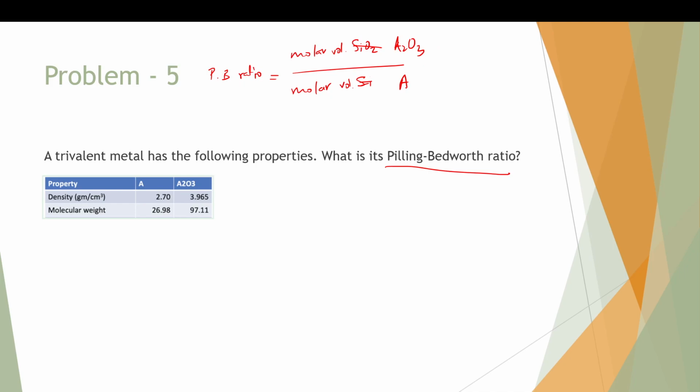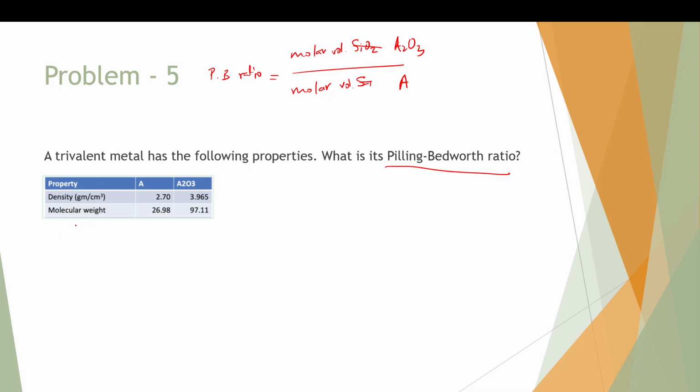We have to first find the molar volumes of both these species. To find the molar volumes, it's pretty straightforward. They have given us the density, they have given us the molecular weight. So 1 mole of A will weigh 26.98 grams. So how many moles are there in 1 centimeter cube? How do you find it?